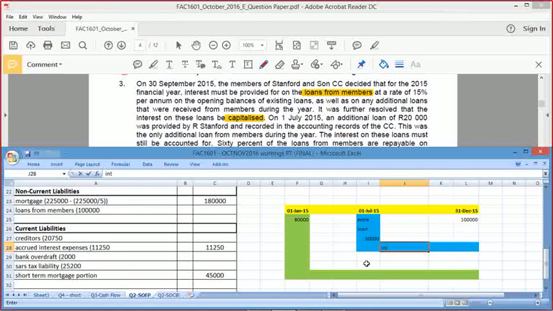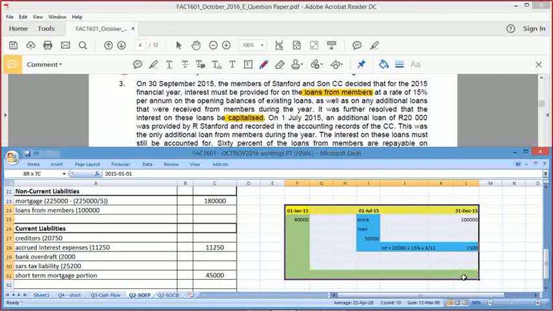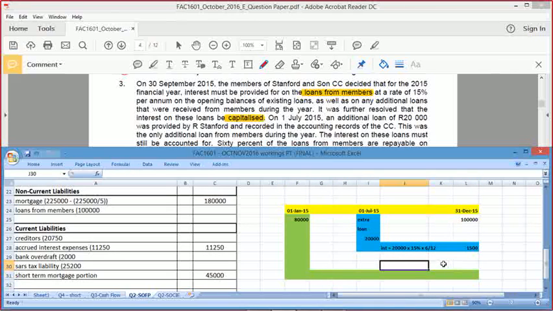So interest is 20,000 times the rate, which is 15%, times 6 over 12. That equals 1,500.